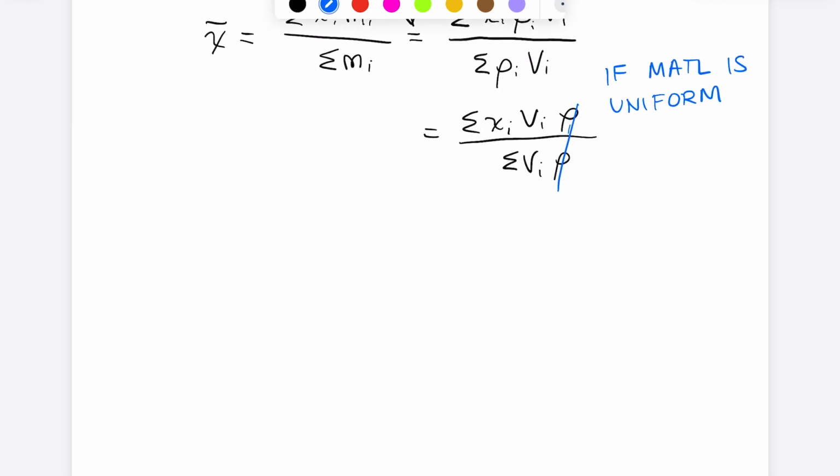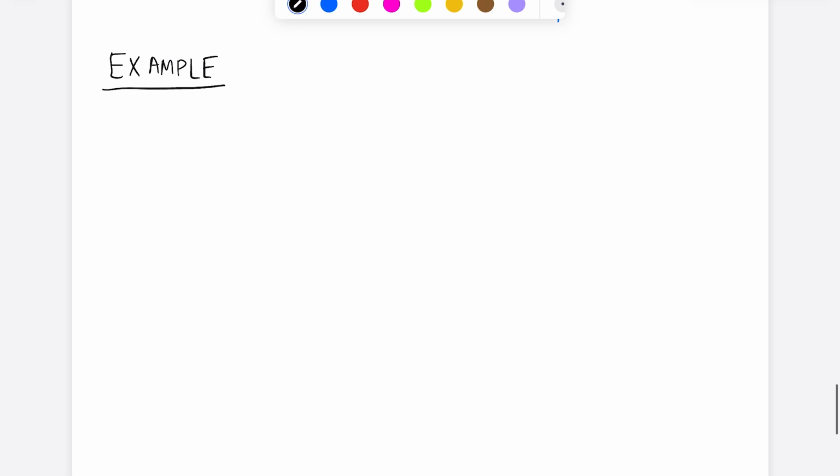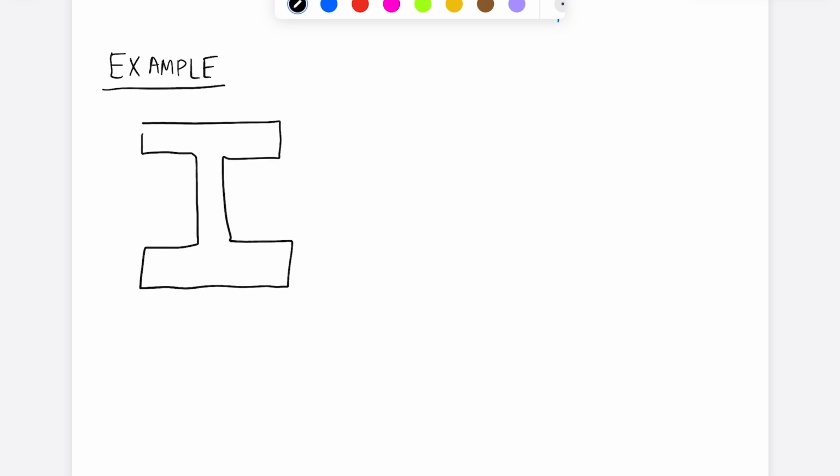Okay, so let's do an example to find the centroid of a shape. And let's find the center of area of an I-beam. Okay, here's our I-beam.